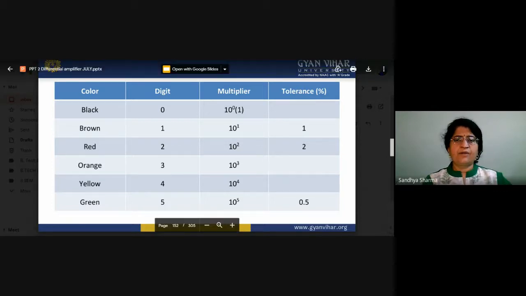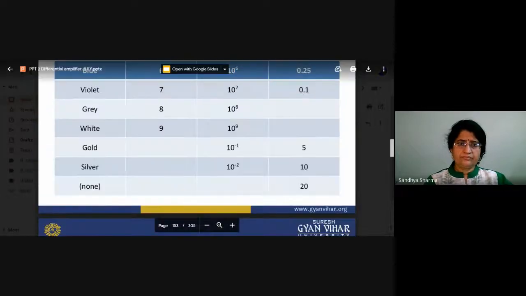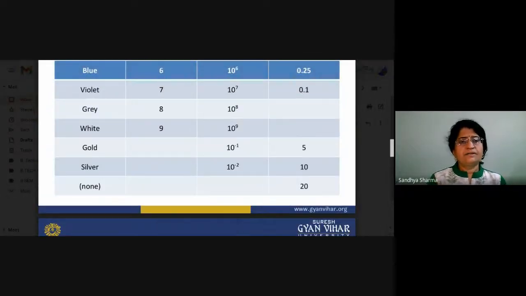If you have brown and red, the tolerance is 1 and 2%. If you are talking about green, the tolerance is 0.5%. These are the other colors: violet, gray, and white. So we have done this classification according to their resistance value.